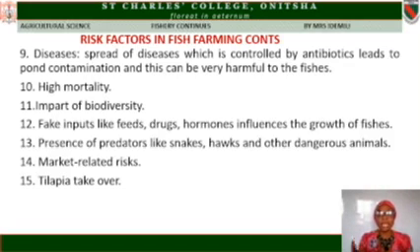Presence of predators like the snakes, the hawk, and other dangerous animals, even the cats. All these endanger the lives of the fishes in the pond. Then market-related risk, and then tilapia takeover. These are all risk factors in fish farming.